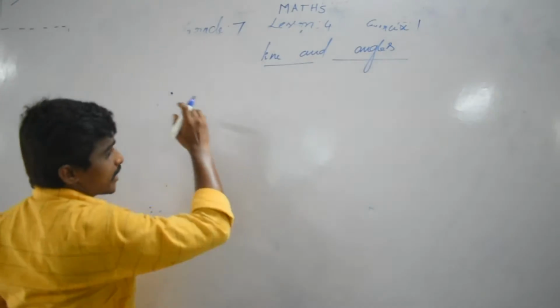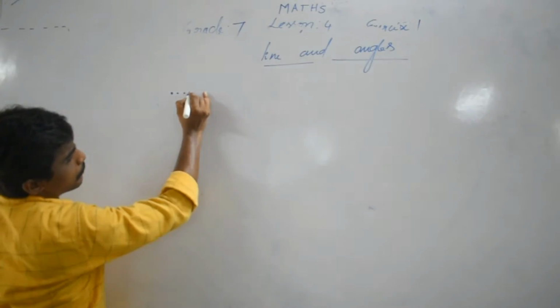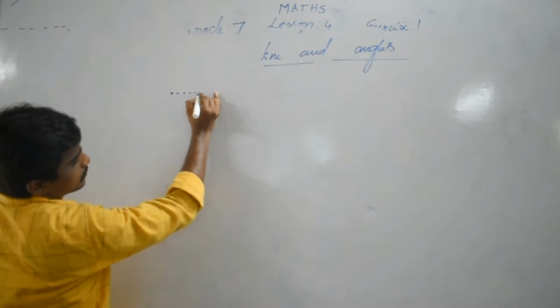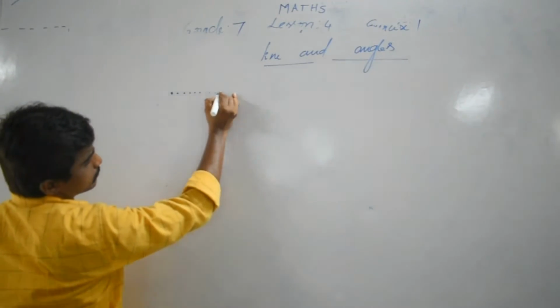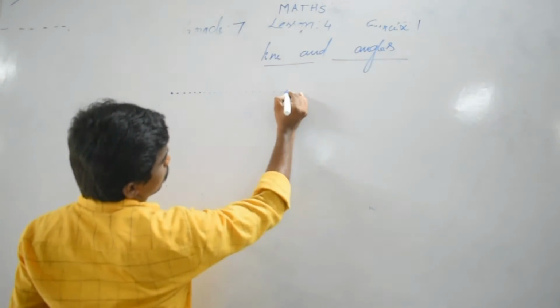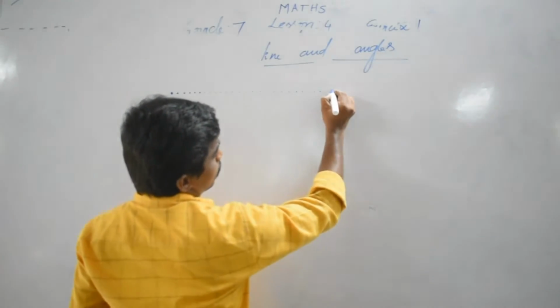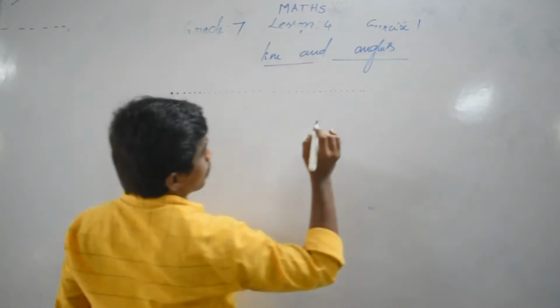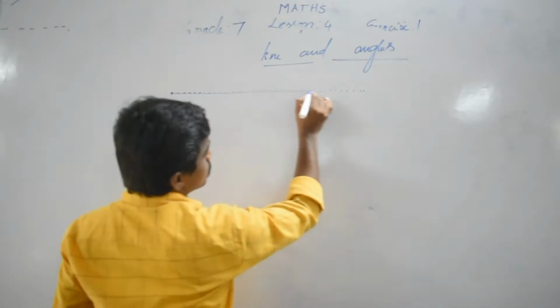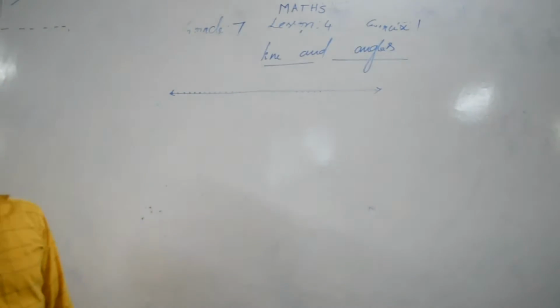See, a number of points joined together form a line.